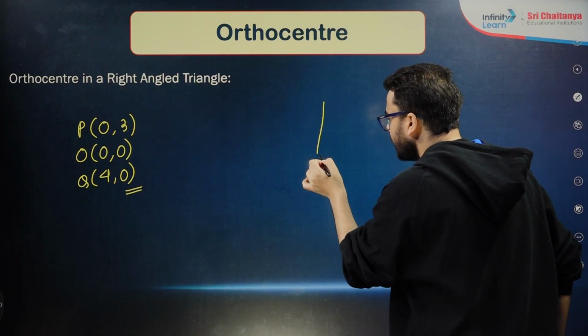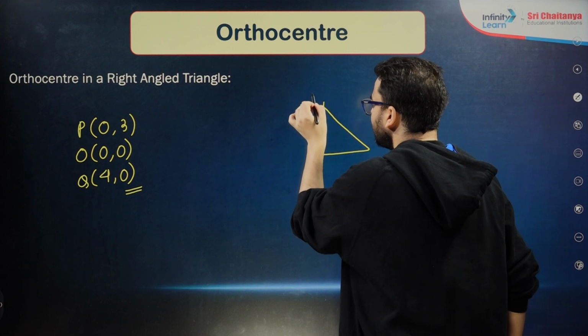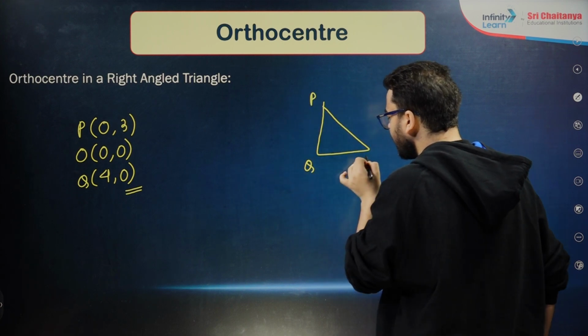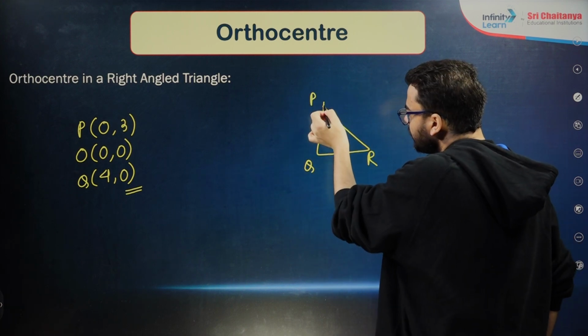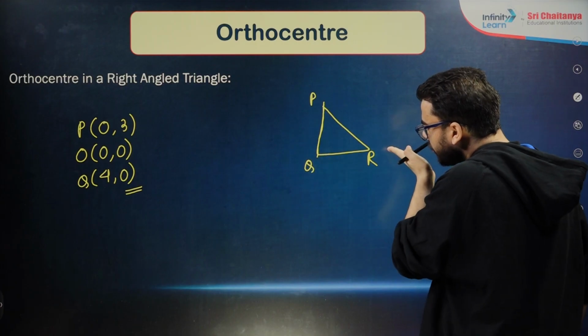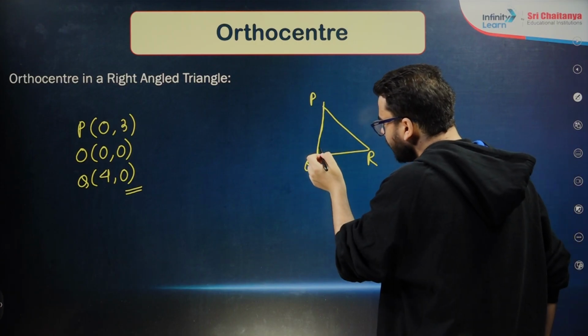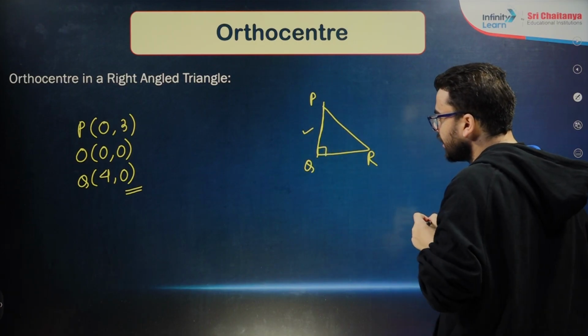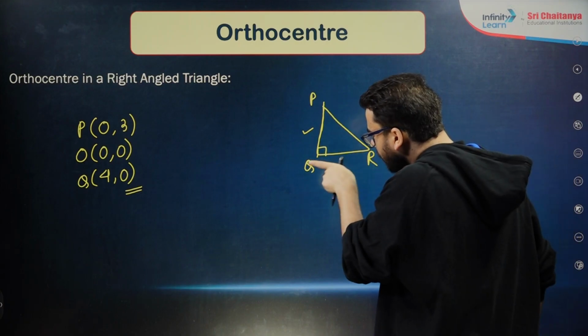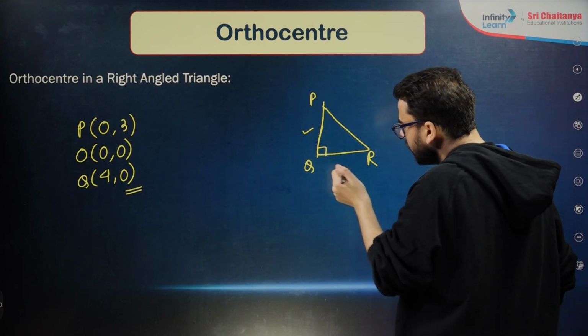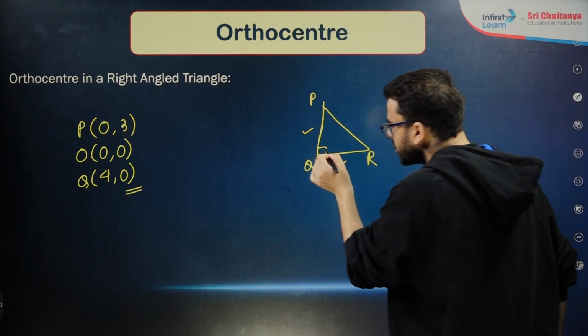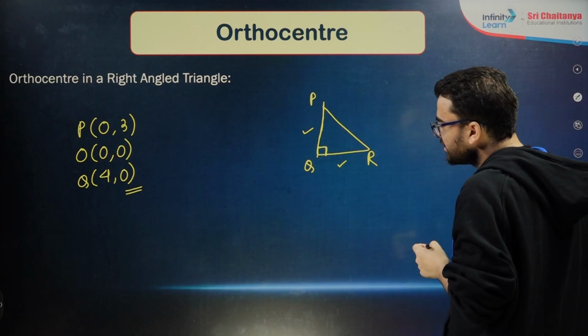For example, if you have got a right angled triangle, suppose this is PQR, you see from this, if I want to draw altitude on QR, so PQ is the altitude. And from R, if you want to draw altitude on PQ, then RQ is the altitude because this is 90 itself. You see this.